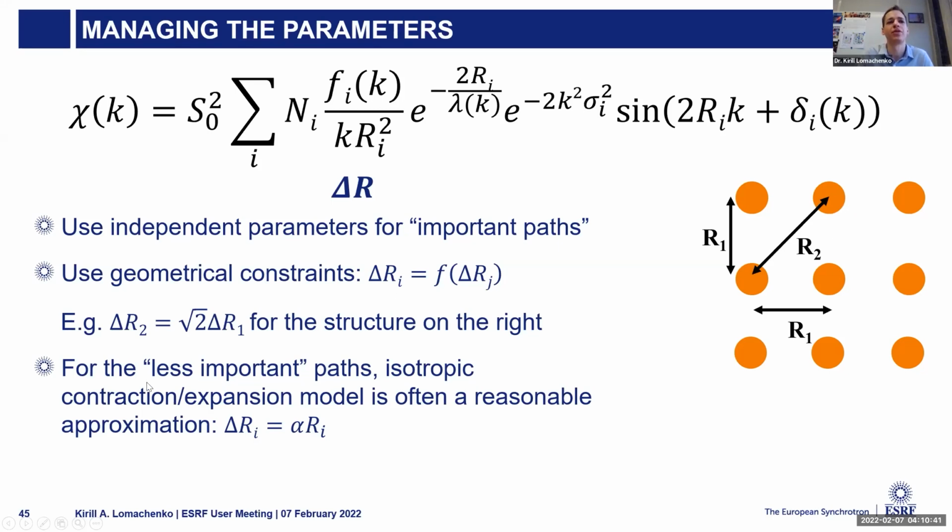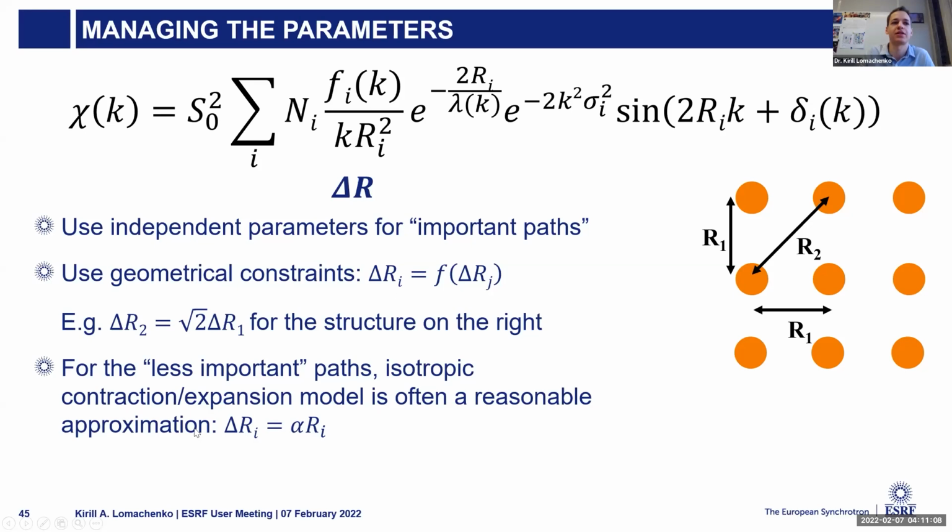Then sometimes for, let's say, less important paths of further away shells, you can use the isotropic contraction expansion model just to have slightly better agreement with the data, to have the better background created by multiple, very weakly contributing paths.